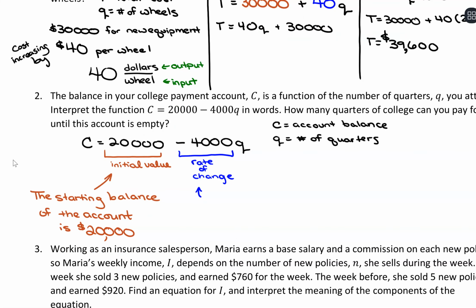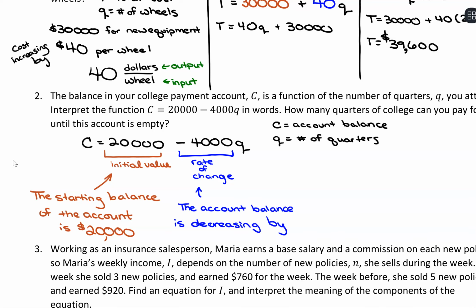So with this one, with that negative, what that's telling me is that the output, so the account balance, is decreasing by this 4,000.